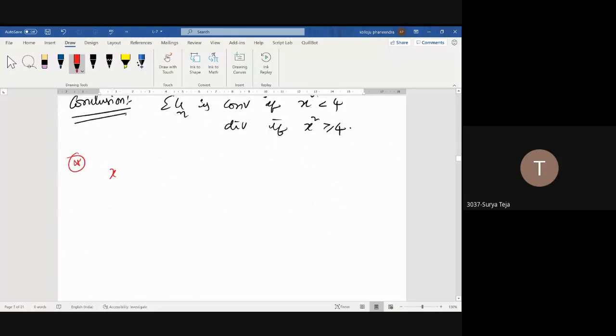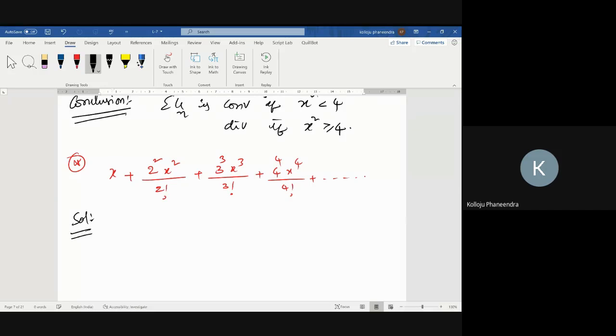One problem based on logarithmic test. See, x plus 2 square x square by 2 factorial plus 3 cube x cube by 3 factorial plus 4 to the power of 4 x to the power of 4 by 4 factorial and so on.